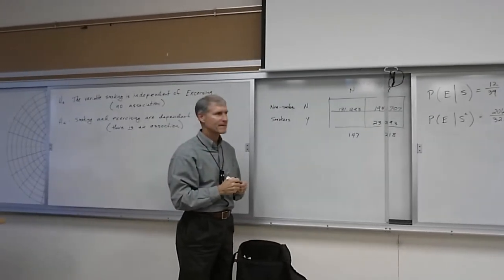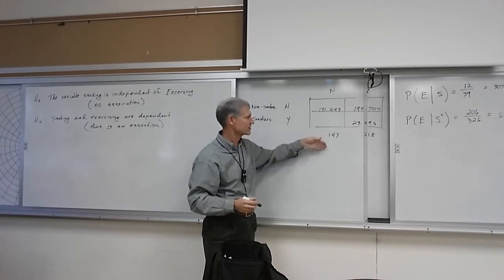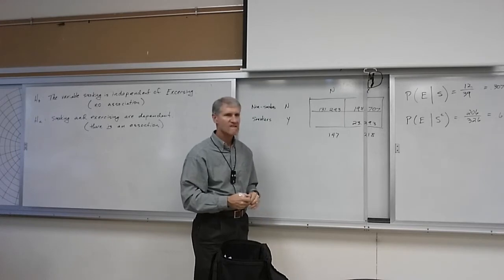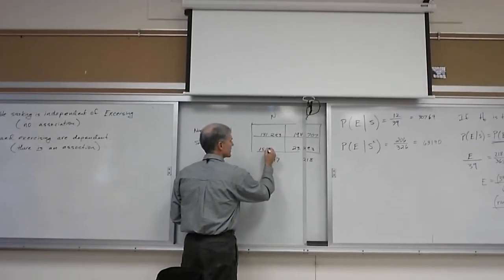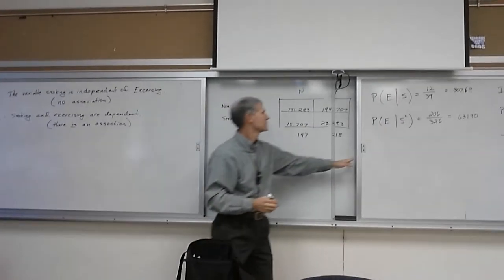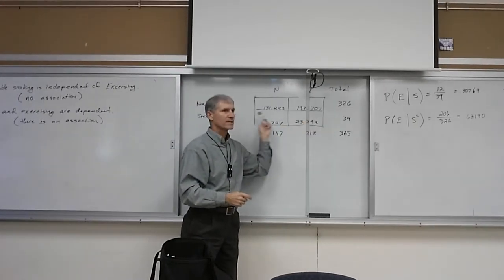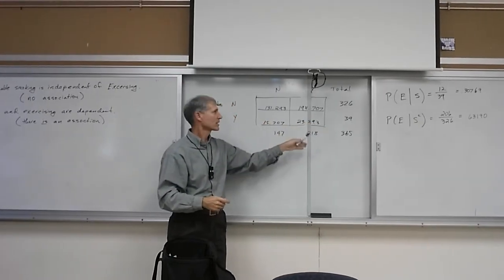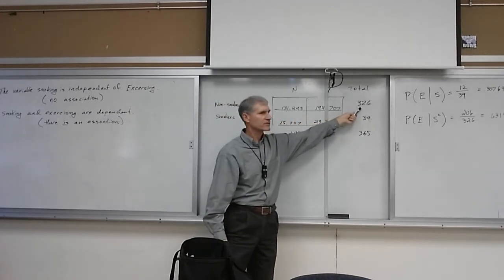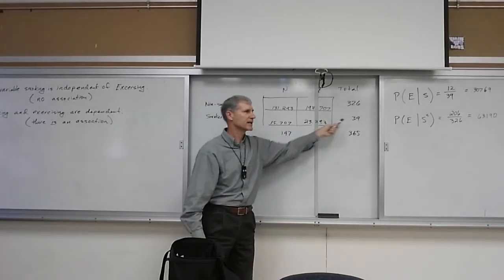Okay? And then the last one, I don't care how you get it, just give me this number by subtraction or by doing the row total times column total over grand total. 15.707. Notice that all the additions work. 131 plus 194 gives you 326. 15 plus 23 gives you 39.